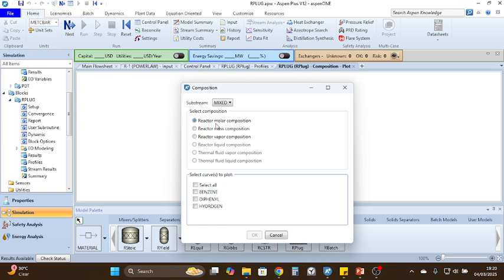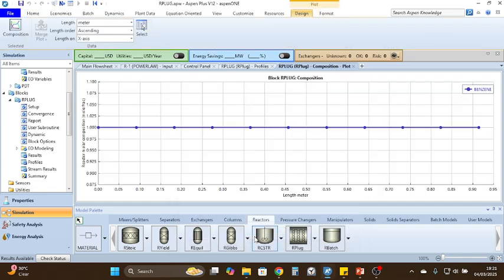So over here you have the reactor molar composition. Next we are going to select benzene and then click on OK.